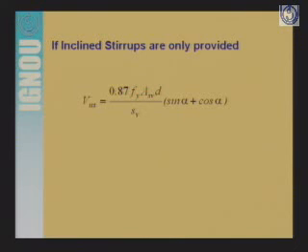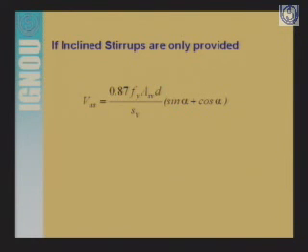Now, let's see the third case. Third case is if the inclined stirrups are only provided. Means no vertical stirrup is there, no bent up bars are there. Here only inclined stirrups are provided.